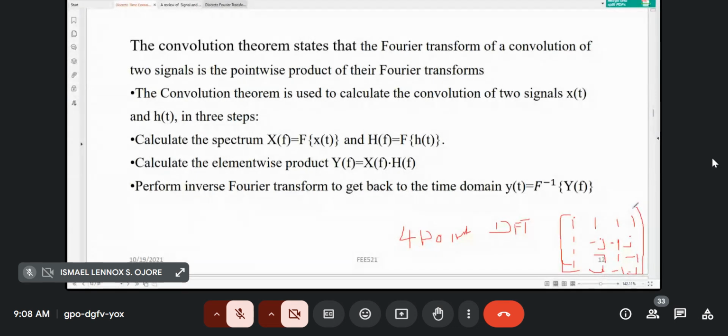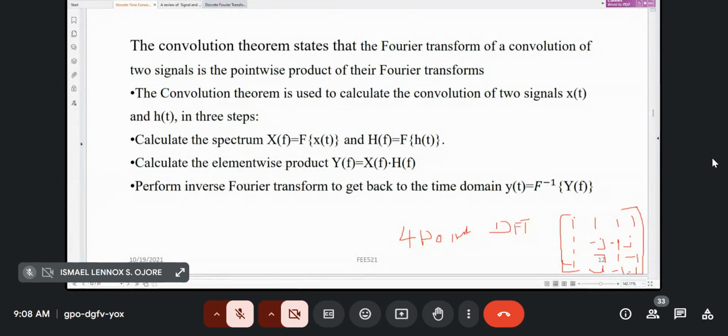That's the smallest DFT, the 4-point DFT. What you are saying is you can use it to get the DFT of each sequence. You multiply that to give you the DFT of one sequence.